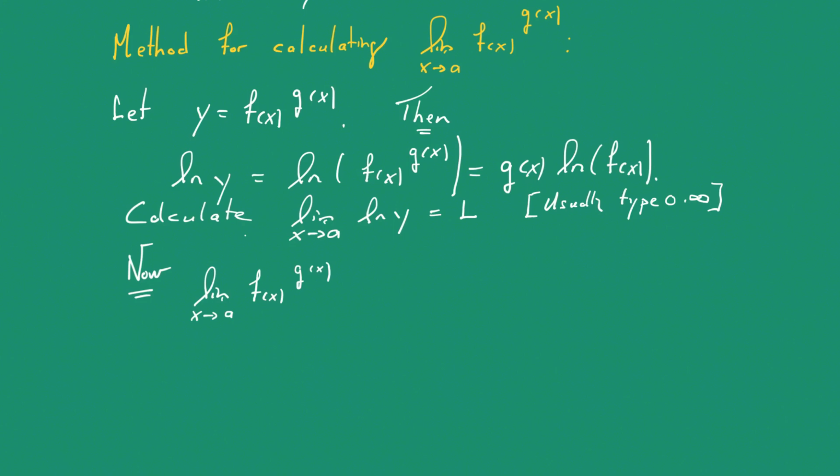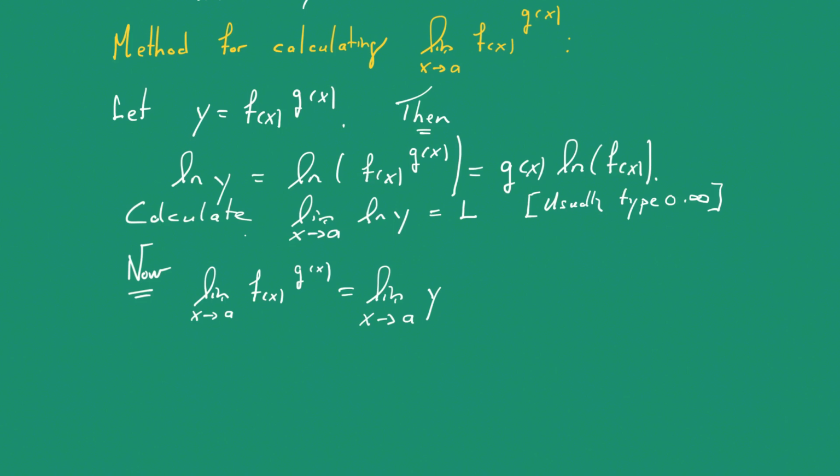Now we can evaluate the limit that we're interested in. So remember, we are first interested in the limit as x tends to a of f of x to the g of x. Well, f of x to the g of x is what we called y. So we're looking for the limit as x tends to a of y. And we're assuming that at this point we've evaluated the limit as x tends to a of log y. So we're just going to try to write y in terms of log y.